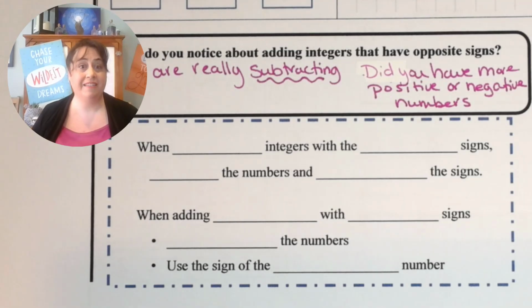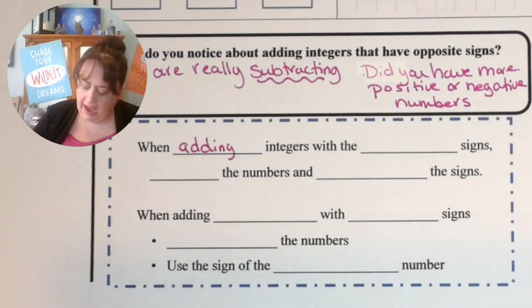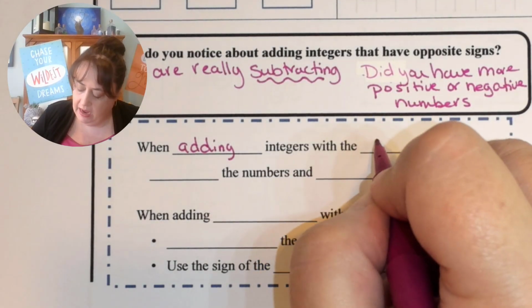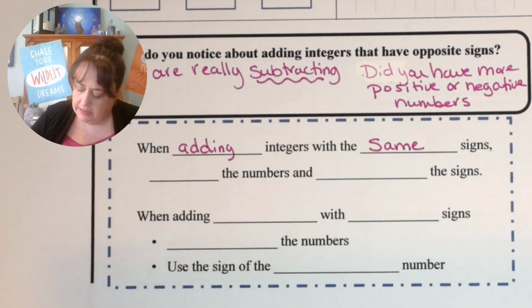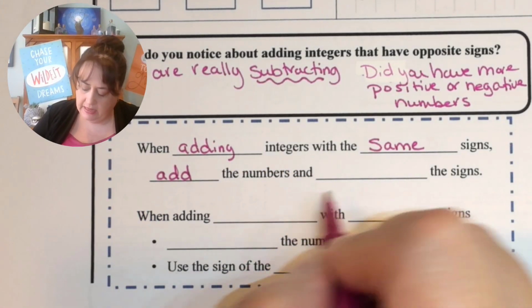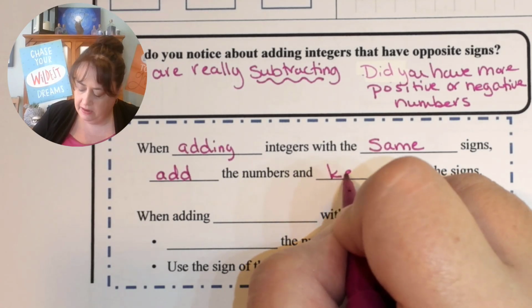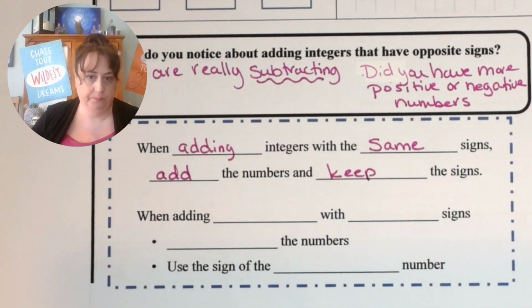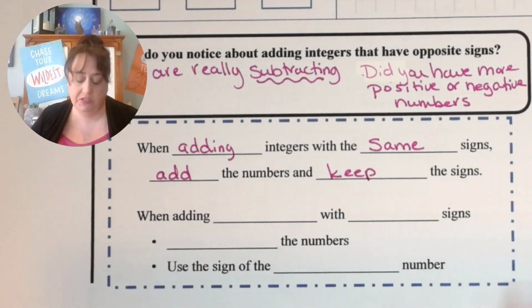All right, so then to sum this up, let's go ahead and fill in this little box. When blank, there's a whole lot of blanks in here. So let's get this done. When adding integers with the same signs, we're going to add the numbers and keep the signs. That was what we did first, okay?